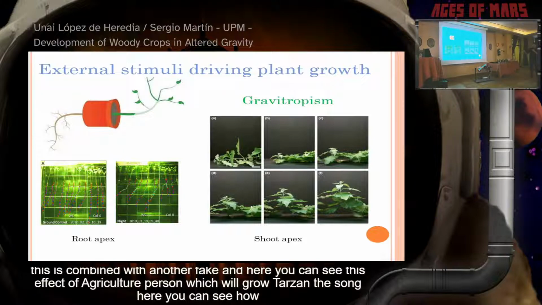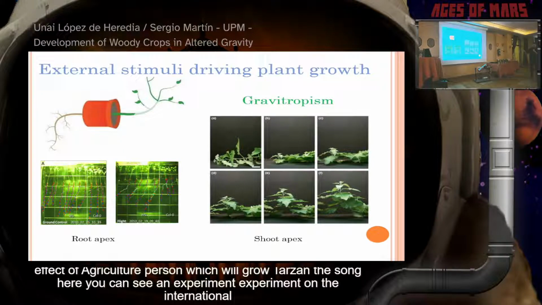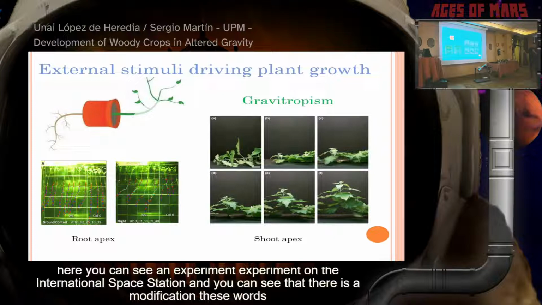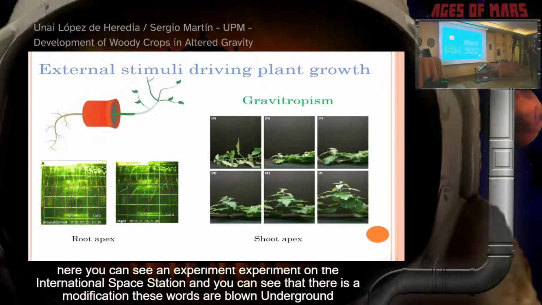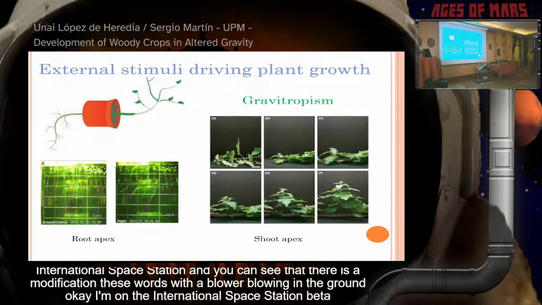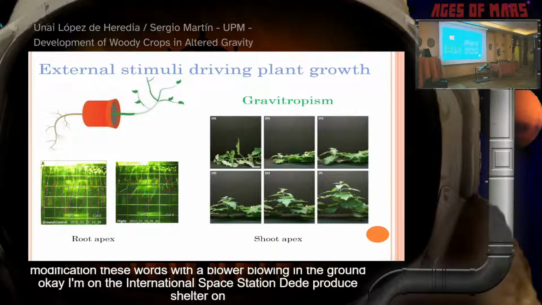This was an experiment on the International Space Station, and you can see that there is a modification. The roots that were grown on the ground are larger, and on the International Space Station they produce shorter and curved roots.